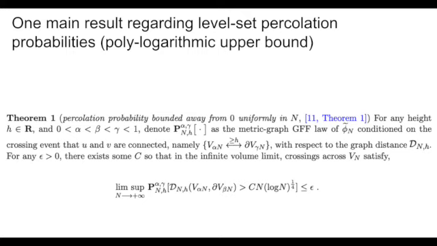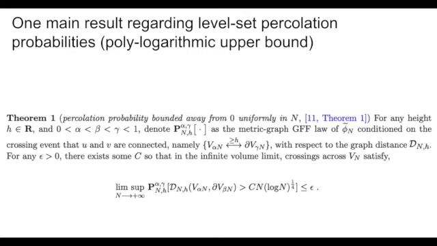So this inequality specifically is given by the fact that we have a limit supremum as n tends to infinity of this probability, which is given by the metric graph GFF law in 3 dimensions. And what we want to look at is that as we take n to infinity, we're studying the connectivity event, which is given by V alpha n to the boundary of V beta n with respect to the chemical or metric graph distance.